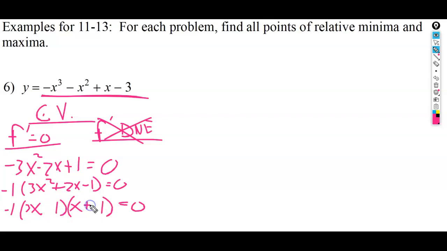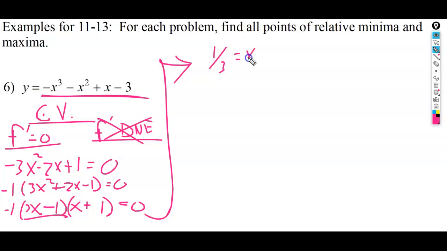Pretty sure this is a positive and this is a negative. So this one does actually factor, and therefore we end up with two critical values. If I set this equal to 0 and solve, I get 1/3. And if I set this equal to 0 and solve, I get negative 1. So I've got two critical values, two places where this function might have a relative extrema.